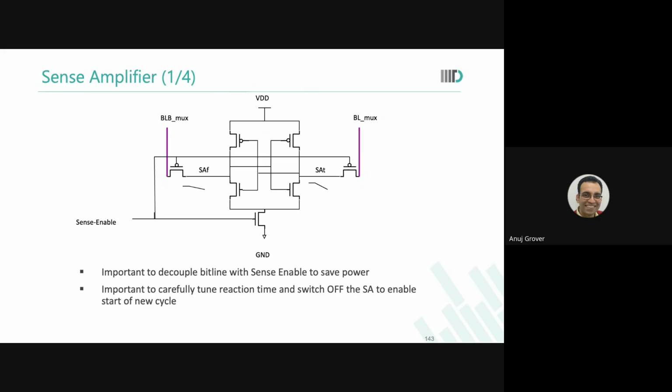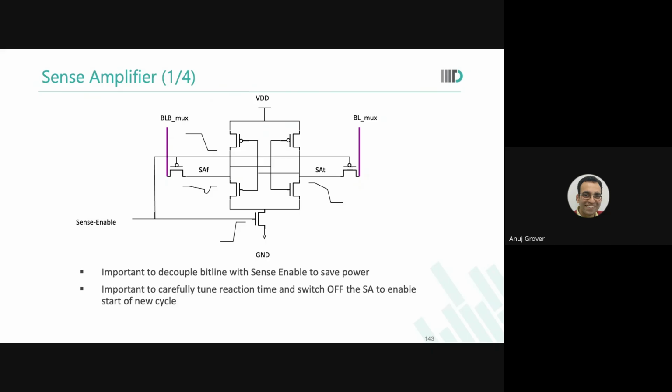As SAF goes to VDD, what happens? That SAT node now discharges quickly because now the NMOS is driven to full VDD. Essentially, that is what latching action is about. Are you able to see this?